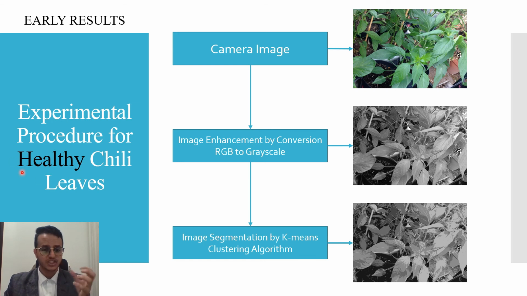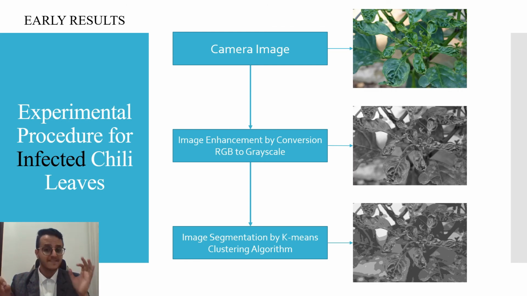For healthy chili leaves, the experimental procedures are: in image acquisition, the image is taken from the camera, and for image enhancement, that is done by converting the image from RGB to grayscale, like this image. And the third image is the image segmentation by the k-means clustering algorithm.